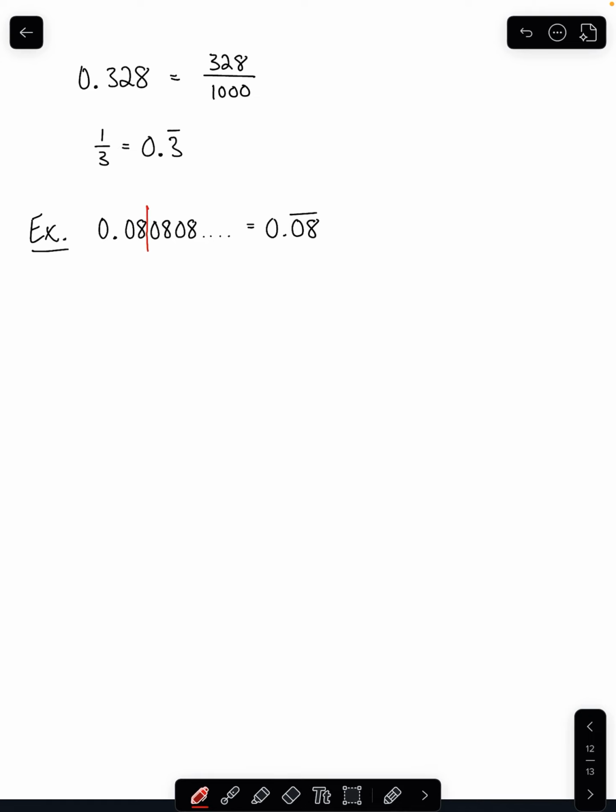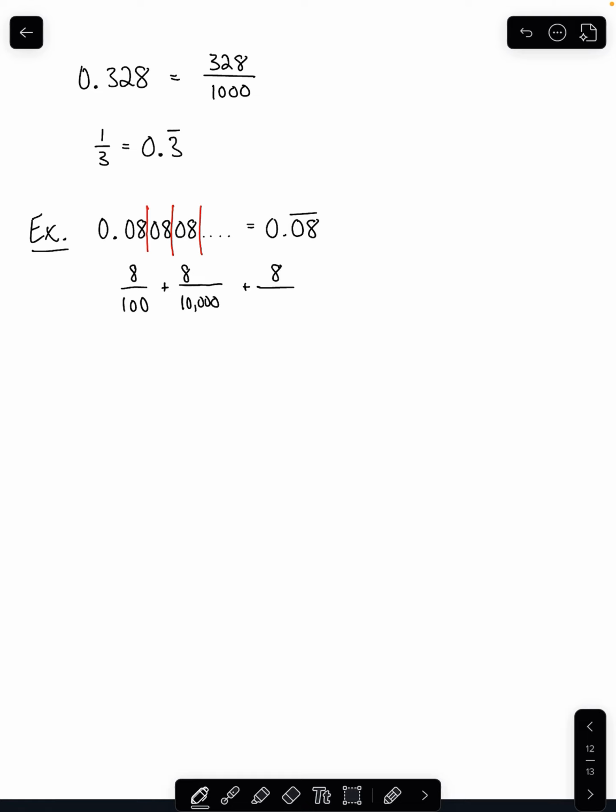The trick here is to realize that we can take our repeating pattern, and each separate bit of this can be written as its own fraction, much like I did with the 0.328 up above. The first 0.08 is 8/100ths. The next 0.08 is 8 in the 10,000ths place.